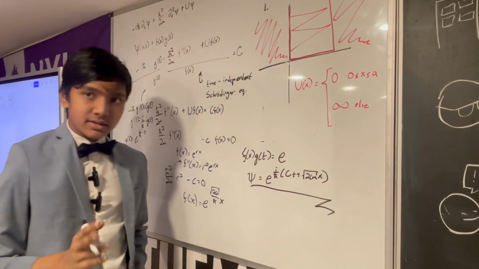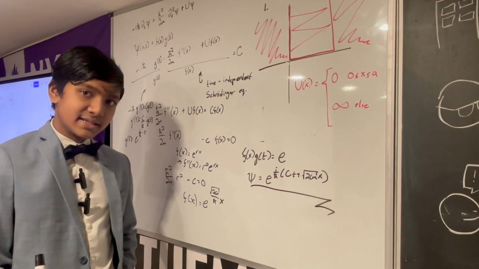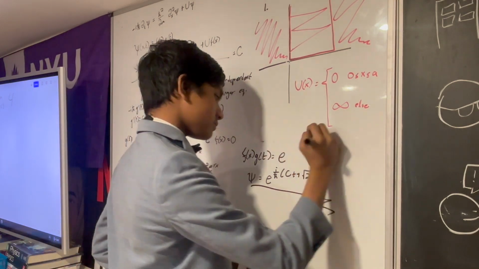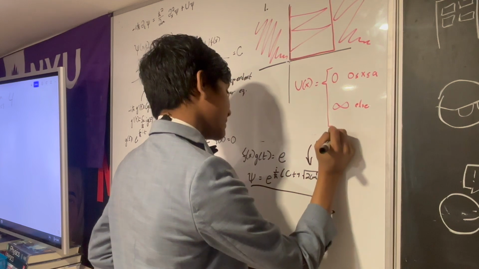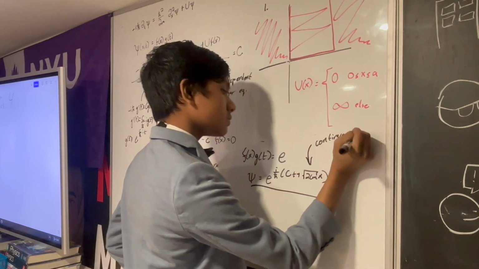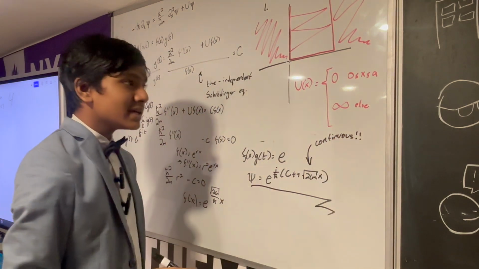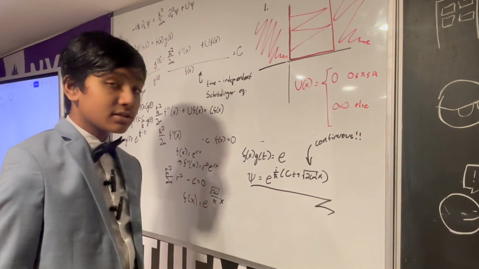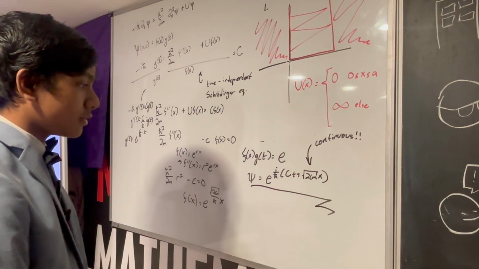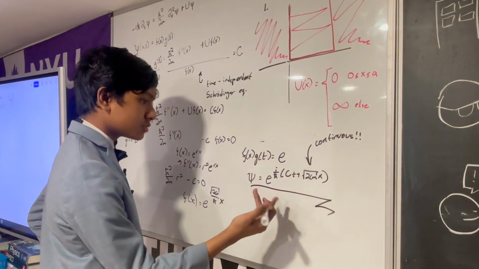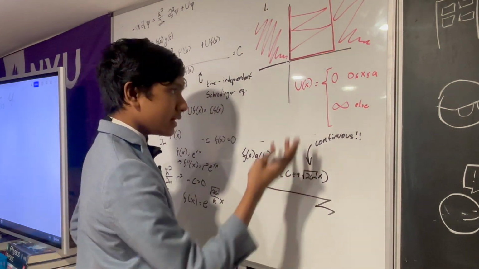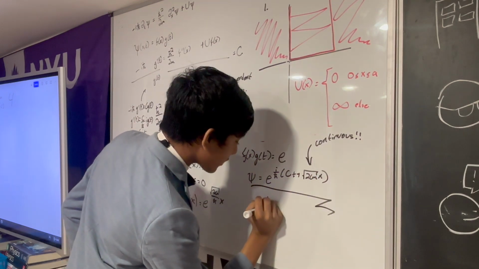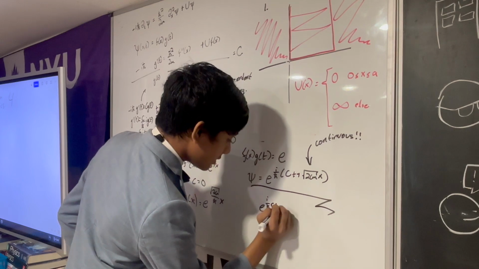But of course, there are going to have to be a few boundary conditions, because the wave function has to be continuous, even though it doesn't necessarily have to be differentiable. Which means that at 0, this has to be 0. At a, this also has to be 0. So what happens at those points? Well, at x equals 0, this becomes e to the i over h bar ct.